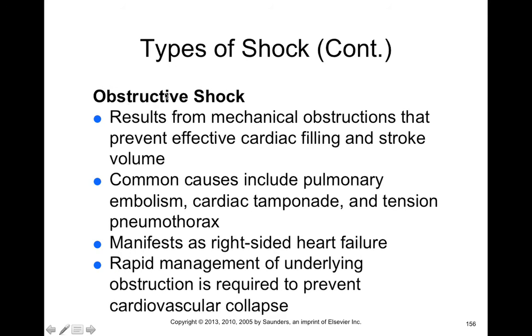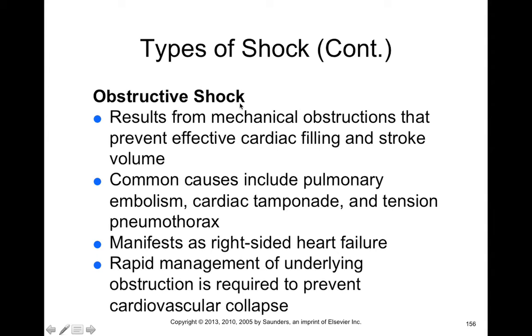Now, obstructive shock results from some sort of mechanical obstruction that prevents effective cardiac filling and stroke volume. So we talked about how a pulmonary embolism can lead to obstructive shock. If you have an embolus that starts in a peripheral vein, it travels to the right side of your heart, where the right side of the heart pumps it to the lungs. If that blocks a large vessel in the lungs, that can cause the pulmonary embolism, which diminishes blood flow beyond the lungs.